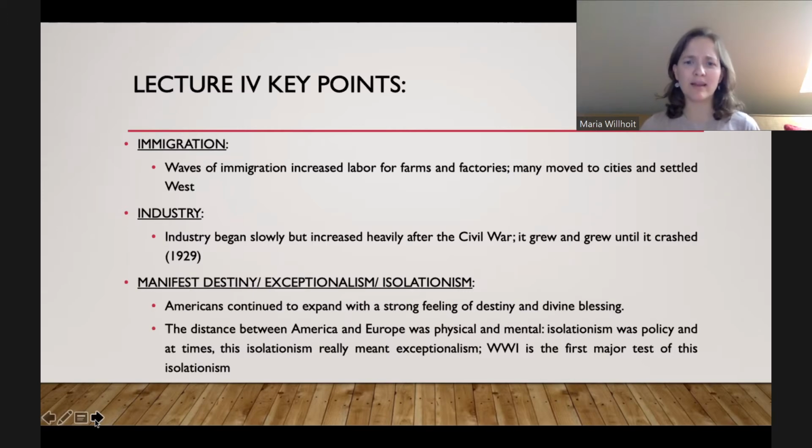So we were late, and we only entered due to pressure from our press, due to the scandal of the Germans sinking our ships. And this isolationism was first tested with World War One, and it's going to be tested again in World War Two. And I'll just go a little bit ahead.